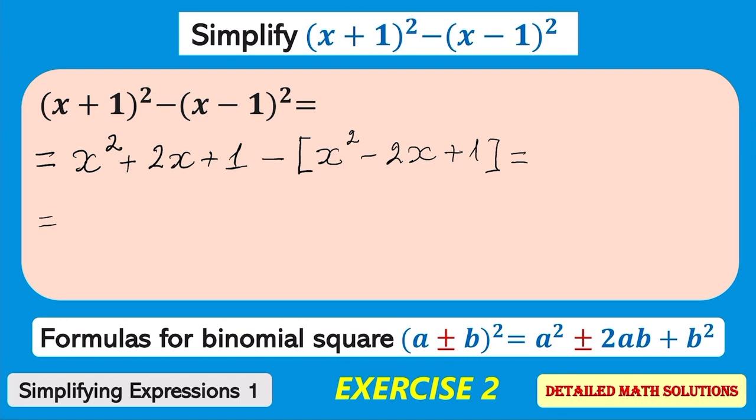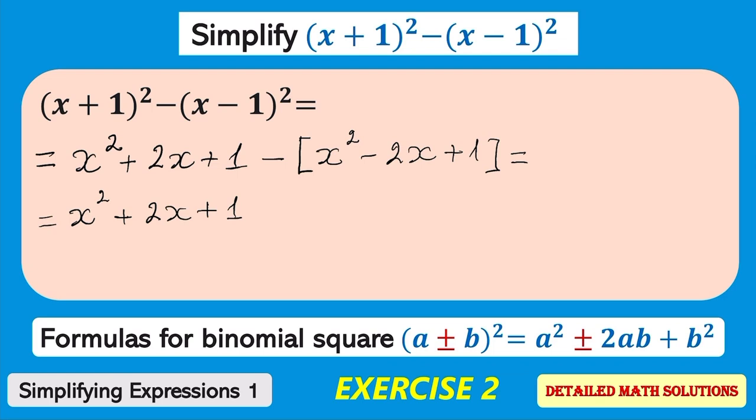Next, before I can add the like terms, I need to open the parenthesis with a negative sign in front. This is going to equal x squared plus 2x plus 1. When I open the parenthesis, the negative sign flips the sign of each term within the parenthesis.